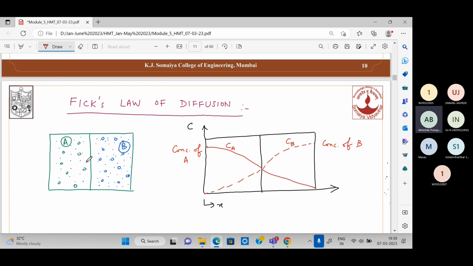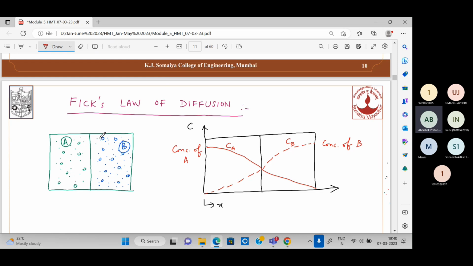We have taken a thin partition that separates species A and species B, and we will remove this thin partition. This is mass transfer by diffusion in a binary gas mixture.